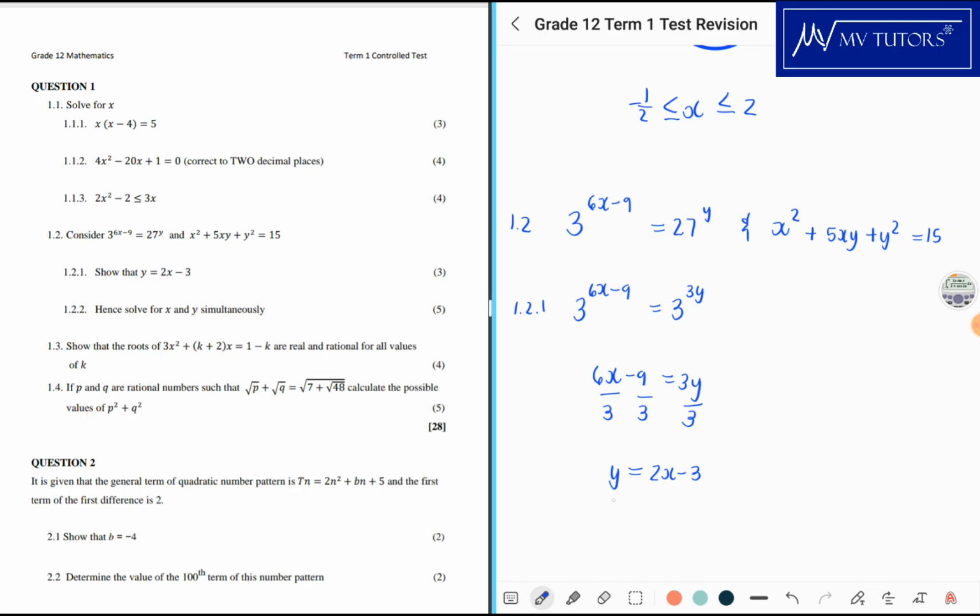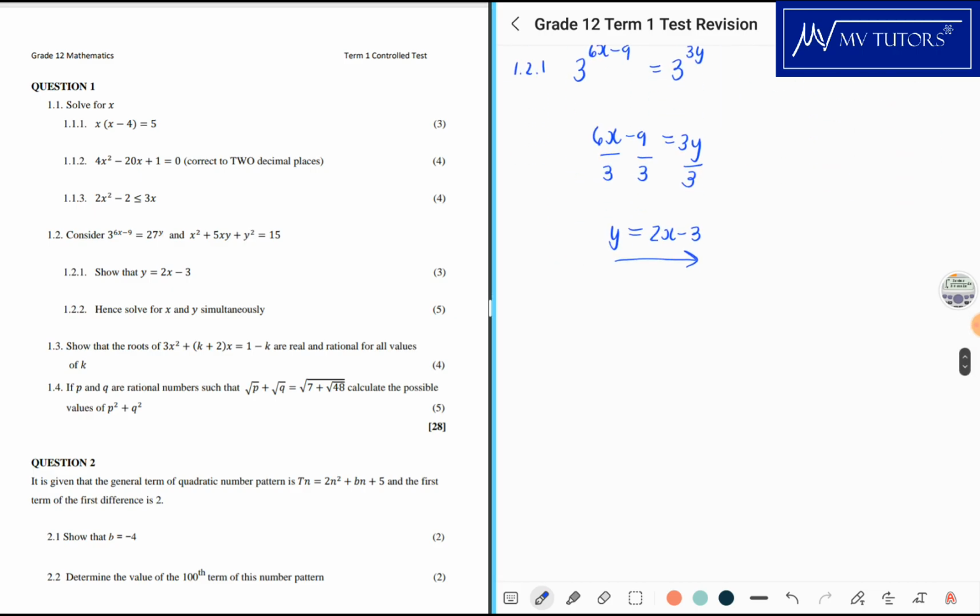Is that what they wanted to see? Yes. So I can move on to 1.2.2. Now it says, hence, solve for x and y simultaneously. So we've written our formula in terms of y. We can go to the second equation. Y is equal to 2x minus 3, that's the first equation. And our second equation, x squared plus 5xy plus y squared is equal to 15.